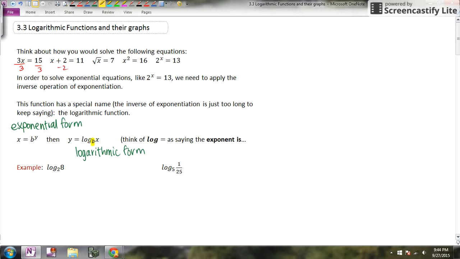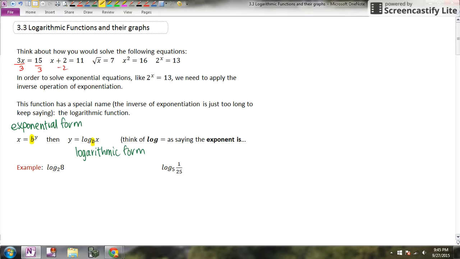Every log has a base, and every power has a base. And one thing you should notice every time you do this is that the bases should be the same number. If it was in exponential form, then when I write it in log form, I know it's going to be the same base. That number will be after the word log.